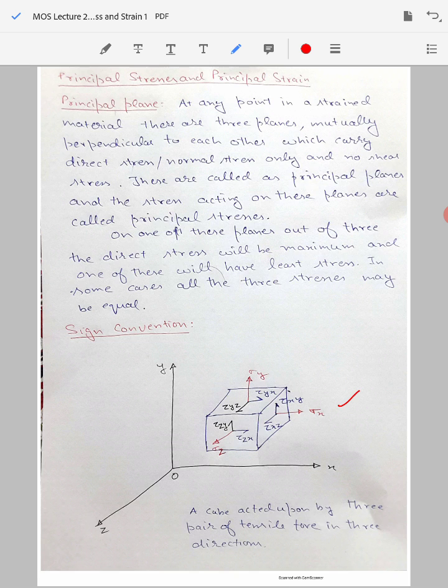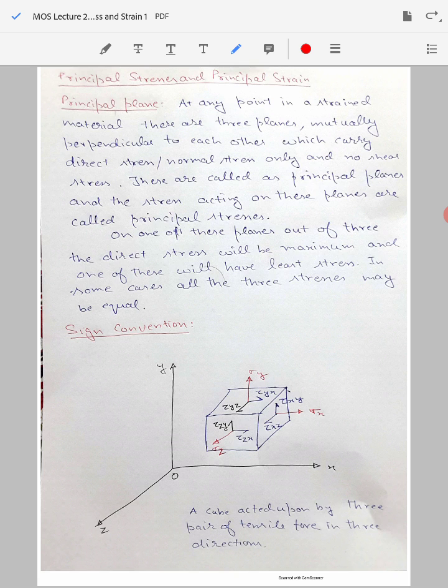So here there is sigma x, sigma y, sigma z, and you are well aware of them. The convention goes by that in the direction that they act, they get the suffix of that. So sigma x is the normal stress in the x direction, sigma y is the normal stress in the y direction, and sigma z is the normal stress in the z direction.